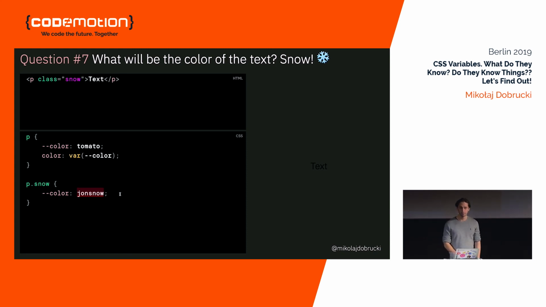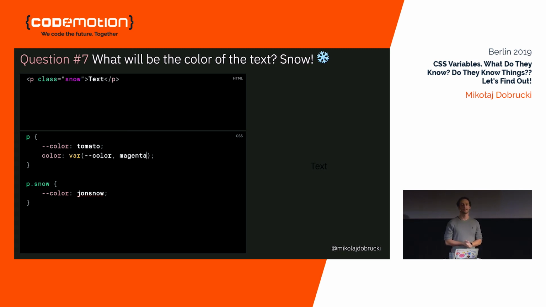Yeah, and fallbacks. CSS variables have fallbacks, and you can just put them in the var function. So you have the name of the variable, and then after a comma, you give a fallback. Let's say magenta. No, that's not magenta. Let's try again. Magenta.